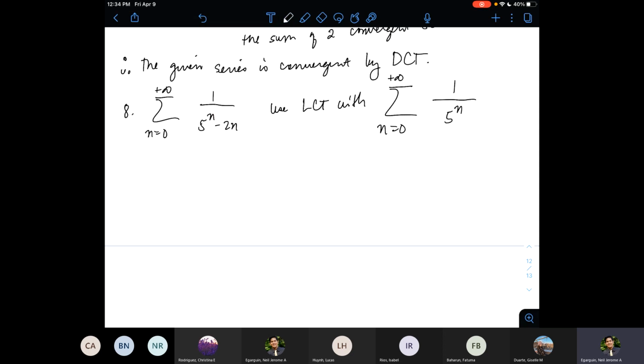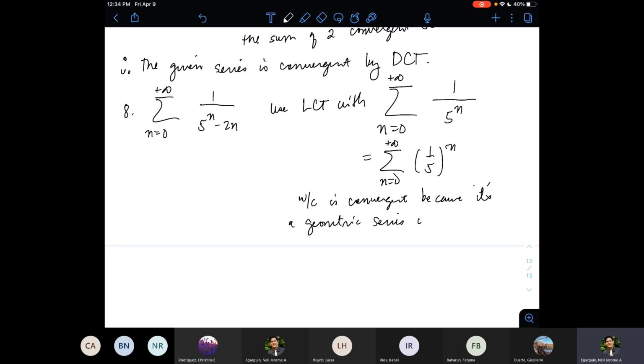But what do we know about this? This is a convergent series, right? Because you can write it as the sum of 1 over 5 to the power n, which is convergent because it's a geometric series with common ratio 1/5, which is less than 1.